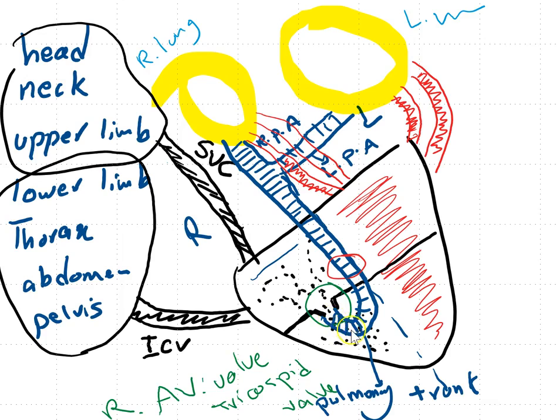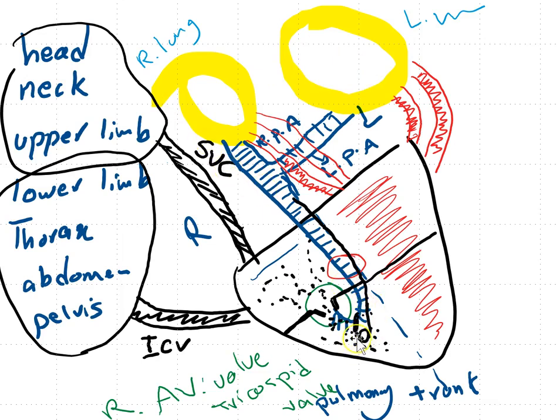Then there is a vessel that sends this blue blood, or dirty blood, to the lung, because the lung is the organ that can refresh it.